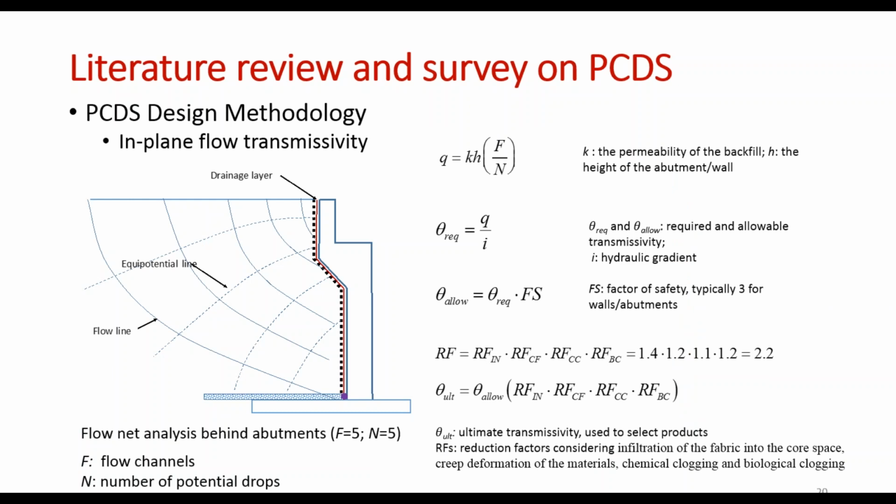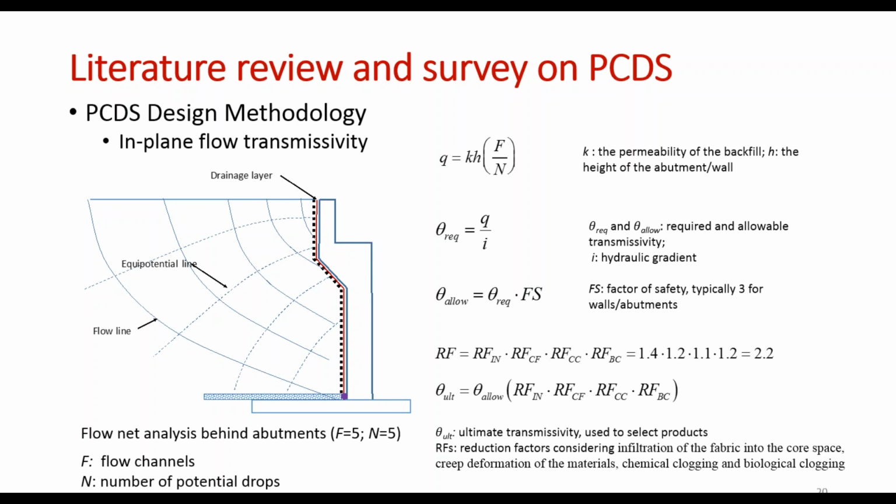We also looked into different design methodologies, and we summarized our findings here. The major point with respect to design is the in-plane flow rate, which can be determined from flow net analysis behind the wall. Here Q is the drainage quantity, and it depends on the soil behind the wall, how permeable it is, as well as the height of the wall.